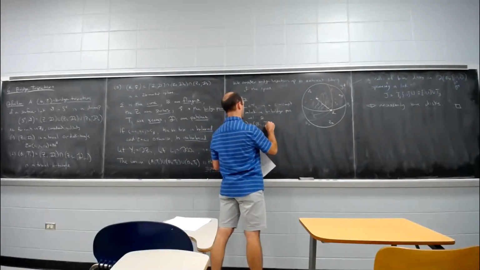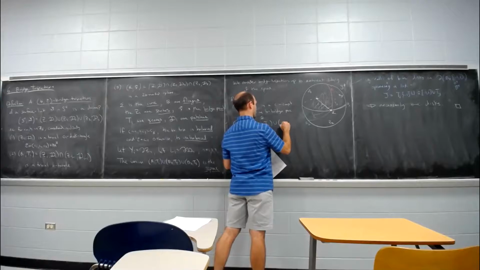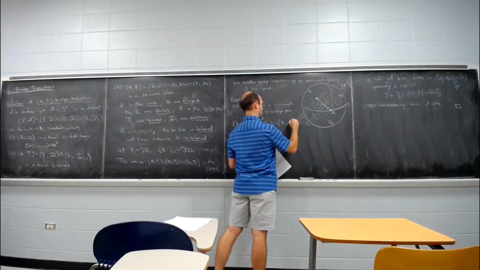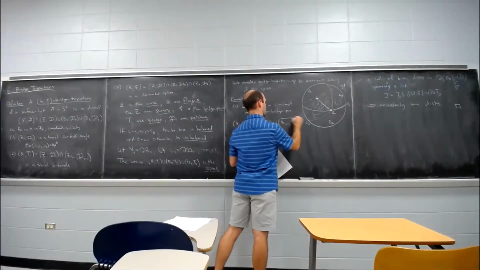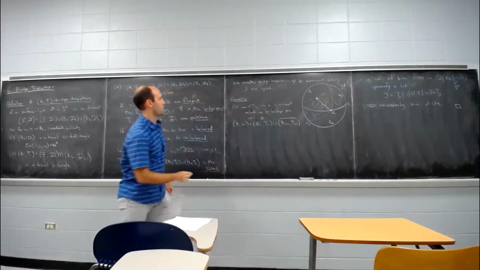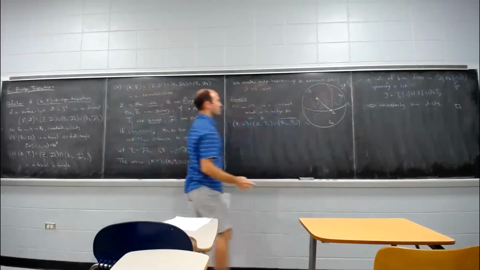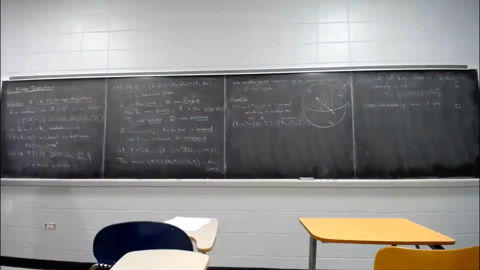This is where I get my things backwards. So this is plus. That's right. See, this is Y1. Wait, but that should be this. What's wrong? Oh, it's because it's the intersection.